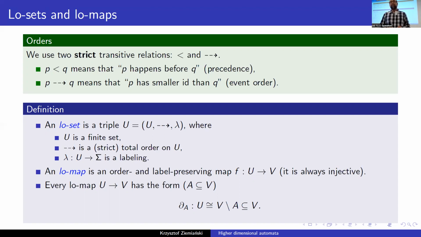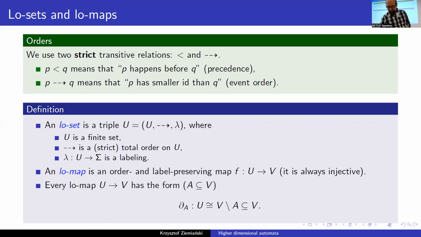Because they preserve ordering, all such maps are injective. And every LO map is determined by the codomain of this map and by the subset of elements which don't lie in the image of your map.